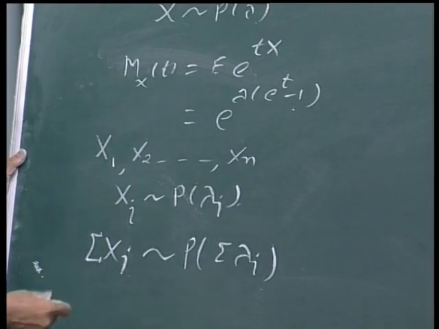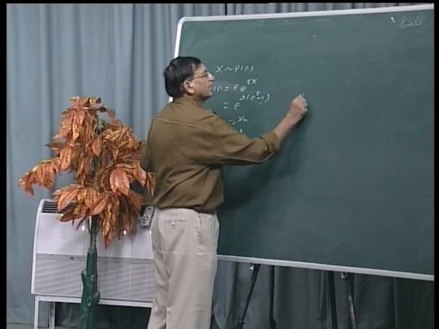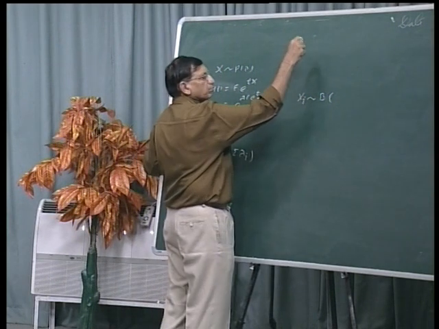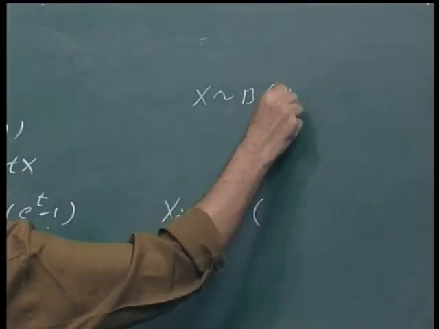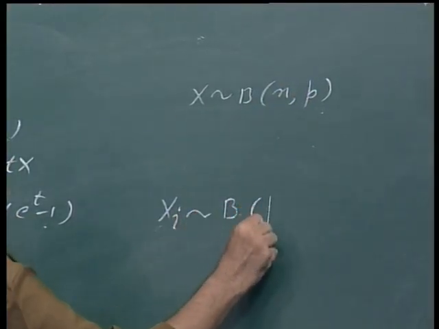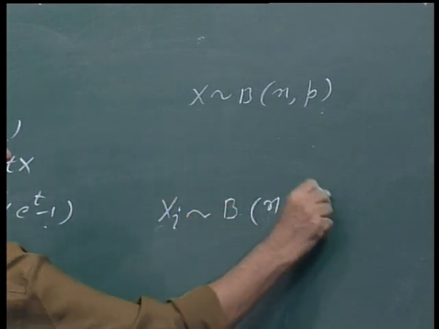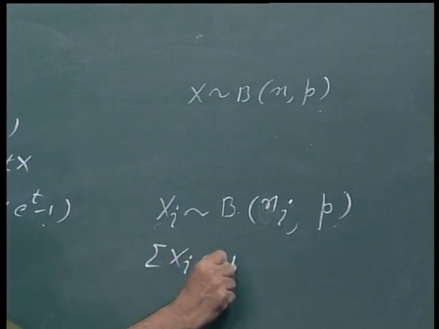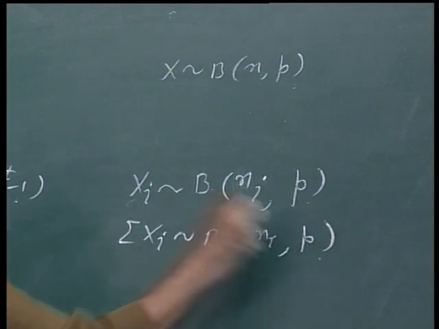In binomial distribution, a similar property is there. If x follows binomial with parameter n and p, and xi is binomial with parameter ni and the same p, then sigma xi is also binomial with parameter sigma ni and p.